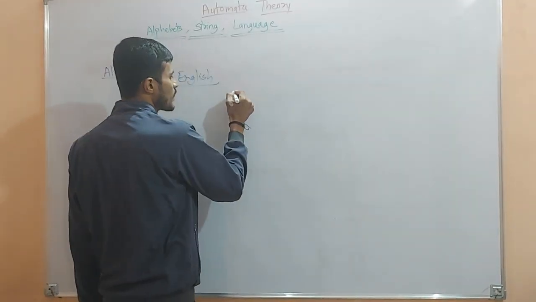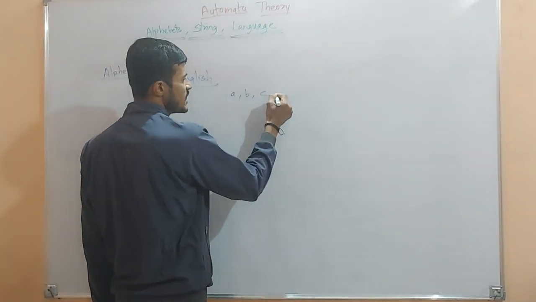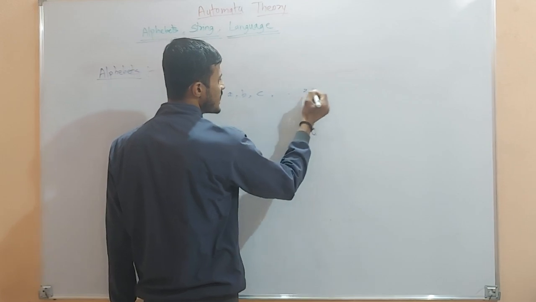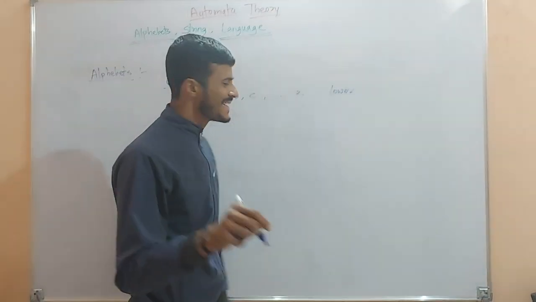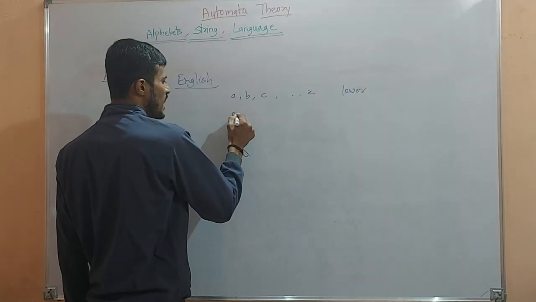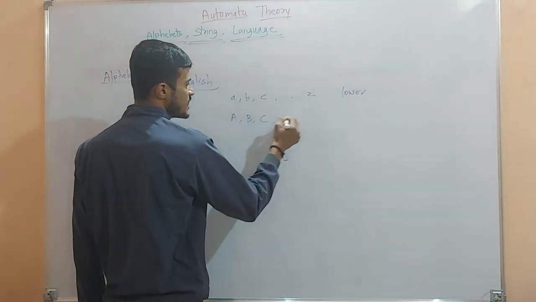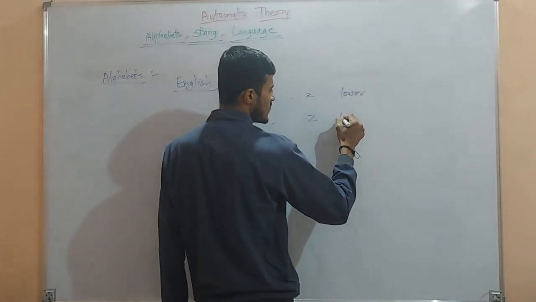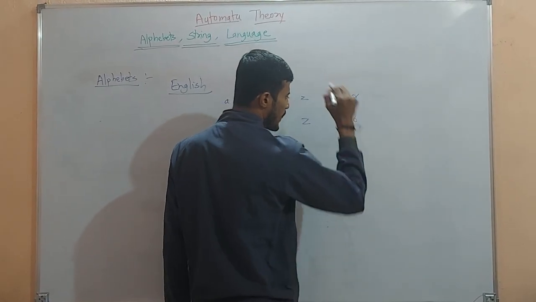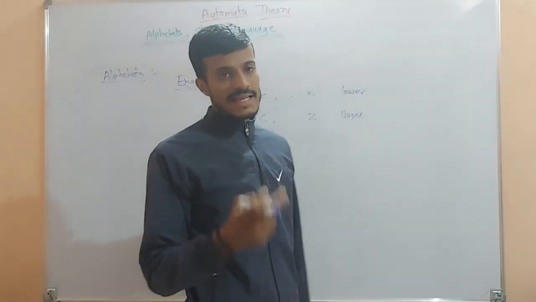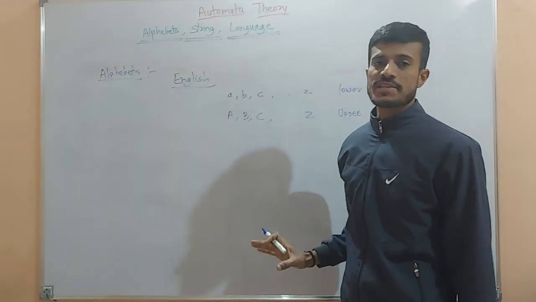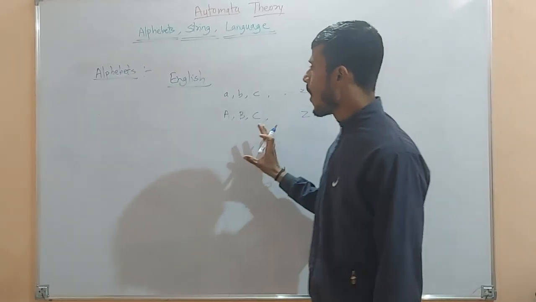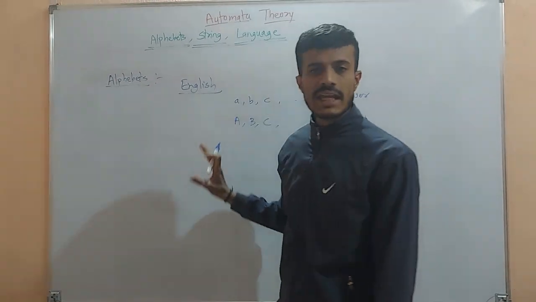In English, you can see a, b, c up to small z, which are the lowercase letters, as well as A, B, C up to capital Z as uppercase letters, as well as punctuation marks and white spaces or blank spaces for constructing the English language.